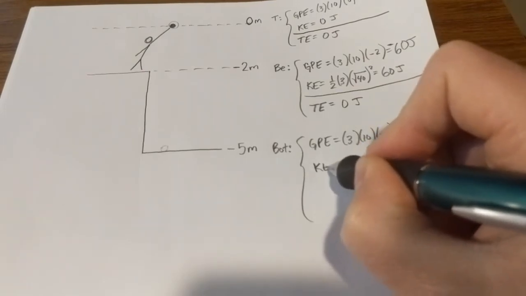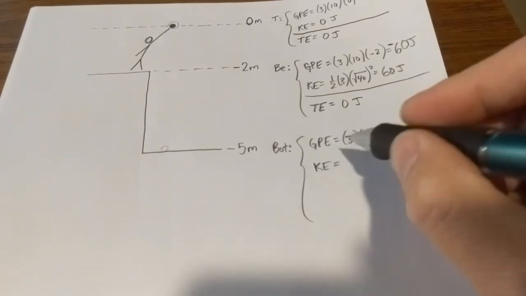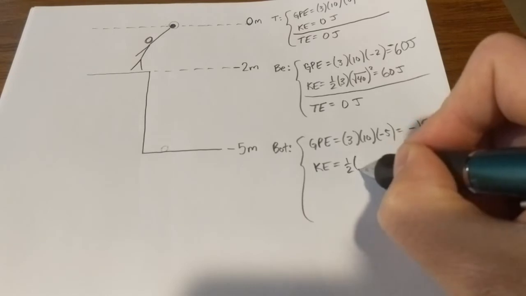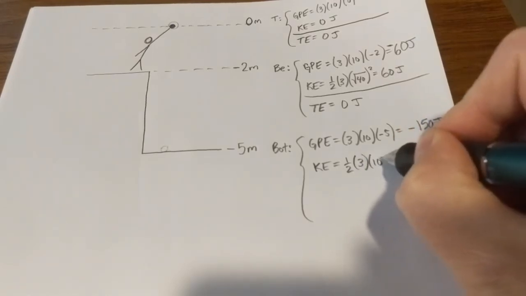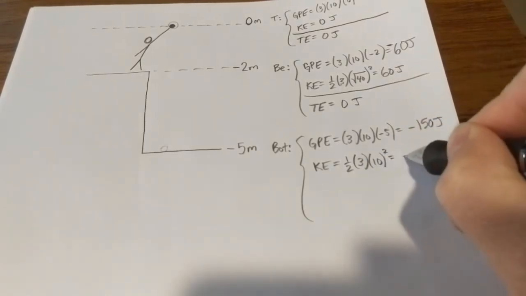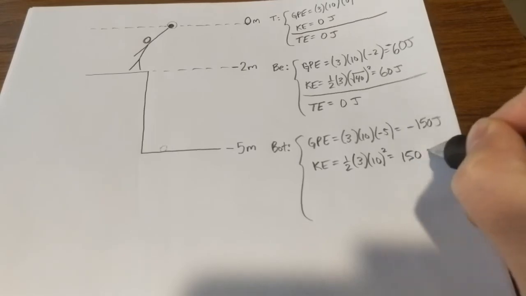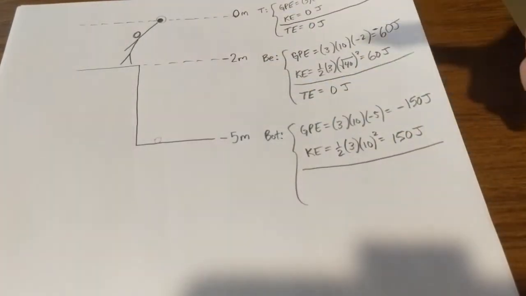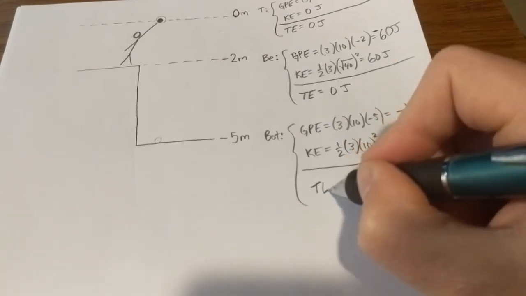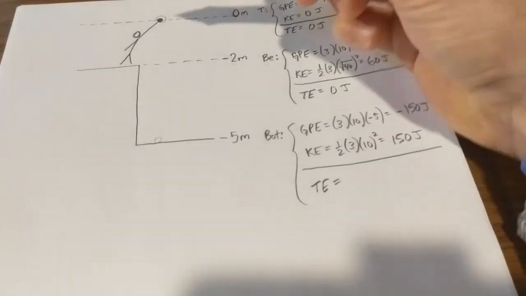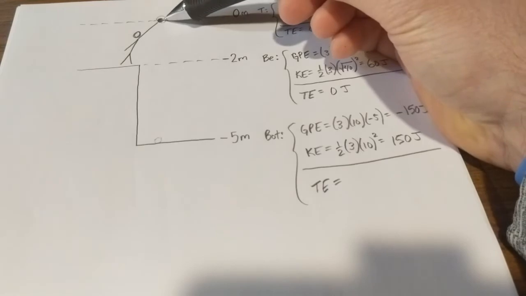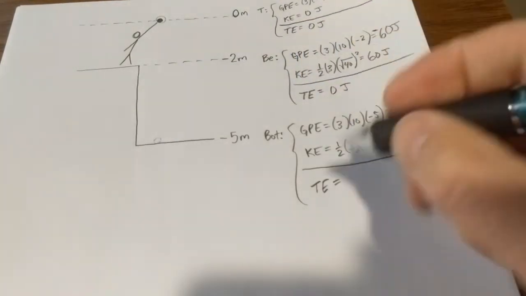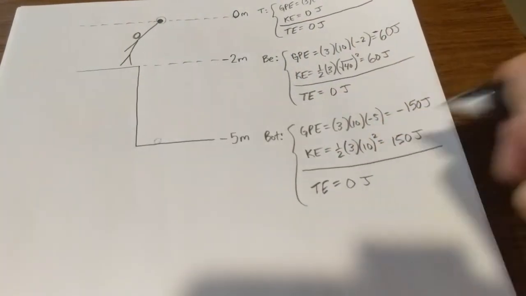The kinetic energy at the bottom would have to be 1/2 times 3 times 10 squared, which is positive 150 joules. And so the way that we have accounted for height in this scenario, the total energy at all locations for the ball, anywhere between the person's hand and the floor, is 0 joules.